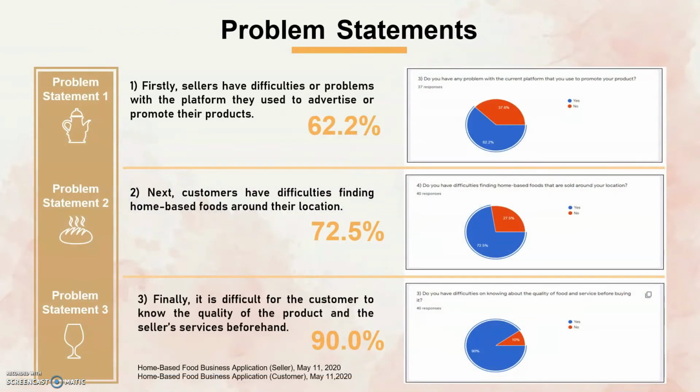Next are the problem statements. Based on the surveys that have been conducted, titled Home-Based Food Business Application Seller for the seller and Home-Based Food Business Application Customer for the customer, three problem statements have been identified. The first problem statement is that sellers have difficulties with the platform they use to promote their products.